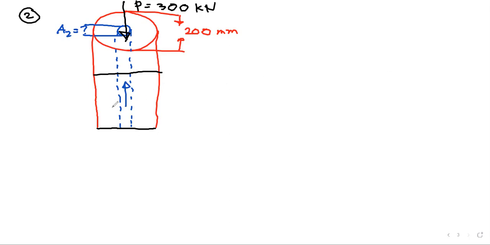Of course, same lang din 'yan, guys. Okay? So meron tayo dito. So let's say concrete always concrete P2. Okay? And then steel is P1. Okay? So, ayan na.